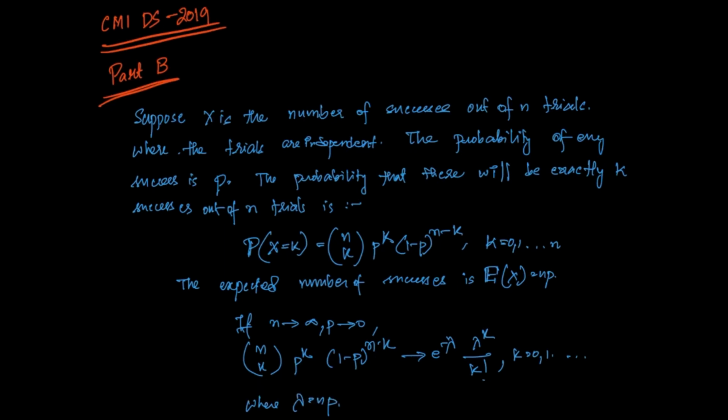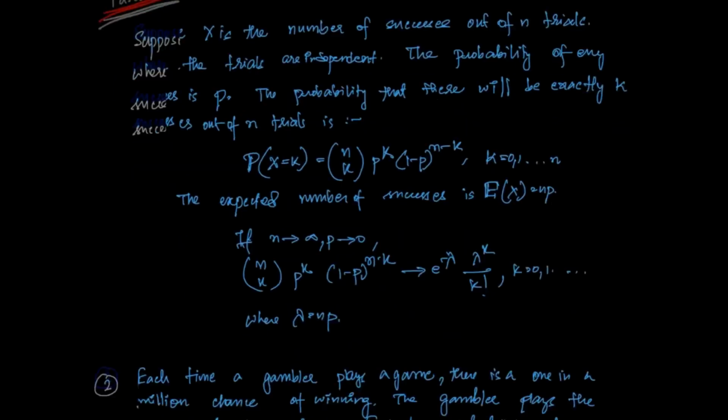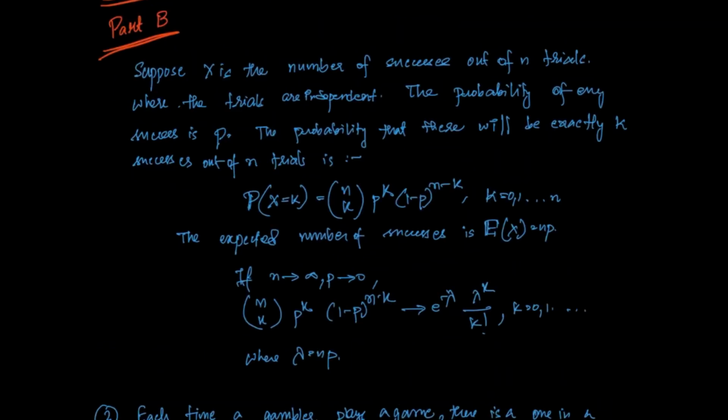So, for today, we'll be looking at two questions, mainly probability and probability distribution, from the CMI MSc Data Science question paper of 2019, Part B. These two questions have an introduction, which introduces some important concepts that will be used in them.